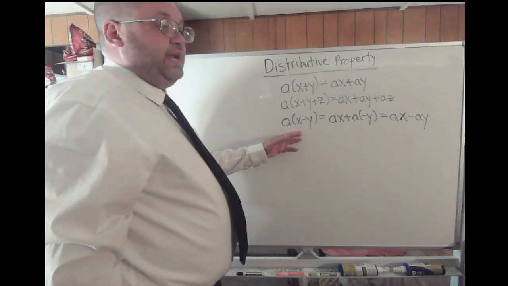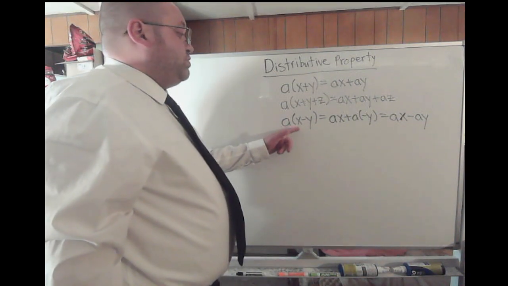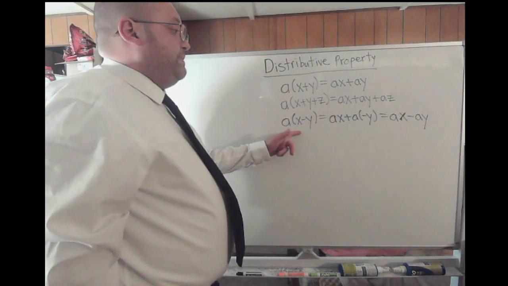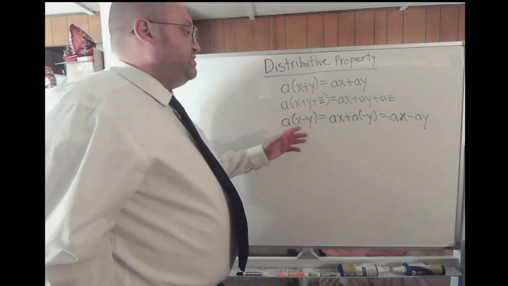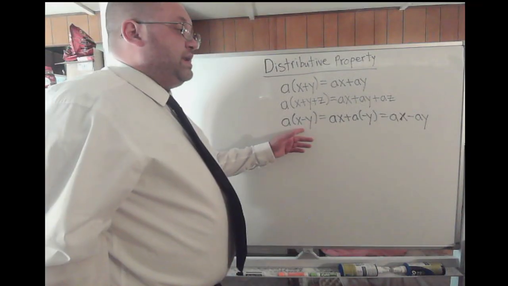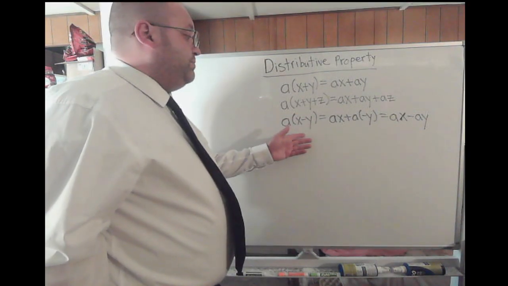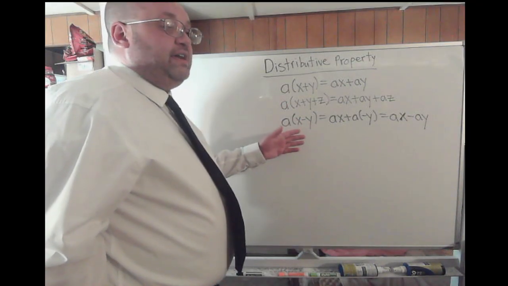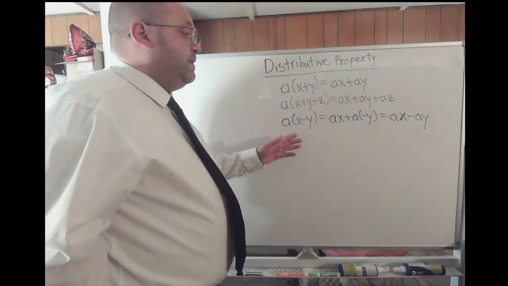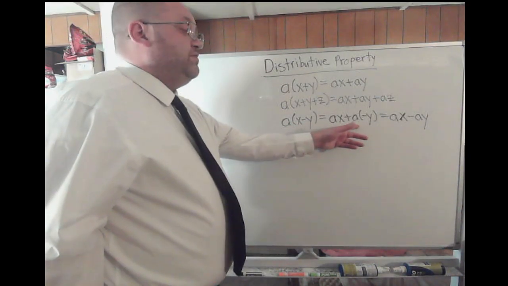Now, for this last example here, before we get into problems with this, we have a times the quantity of x minus y. I need everyone to do yourselves a favor right now. Whenever you see a quantity like x minus y, or anything similar, like x minus 7 or y minus 2, get used to it being x plus negative y.